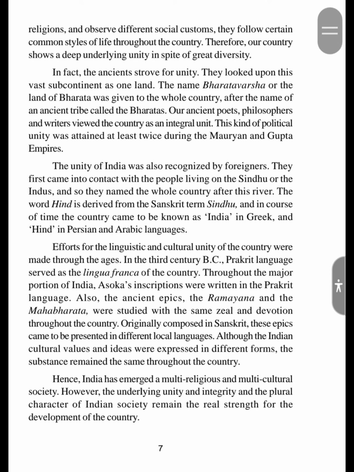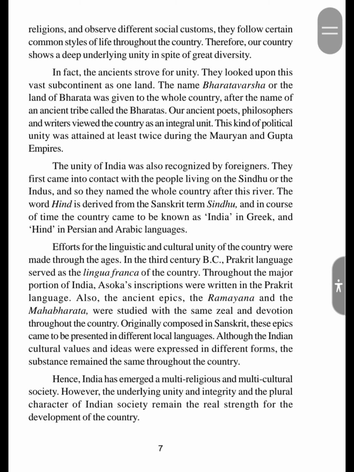Efforts for linguistic and cultural unity of the country were made through the ages. In the 3rd century BC, the Prakrit language served as the lingua franca of the country. Throughout the major portion of India, Asoka's inscriptions were written in the Prakrit language.